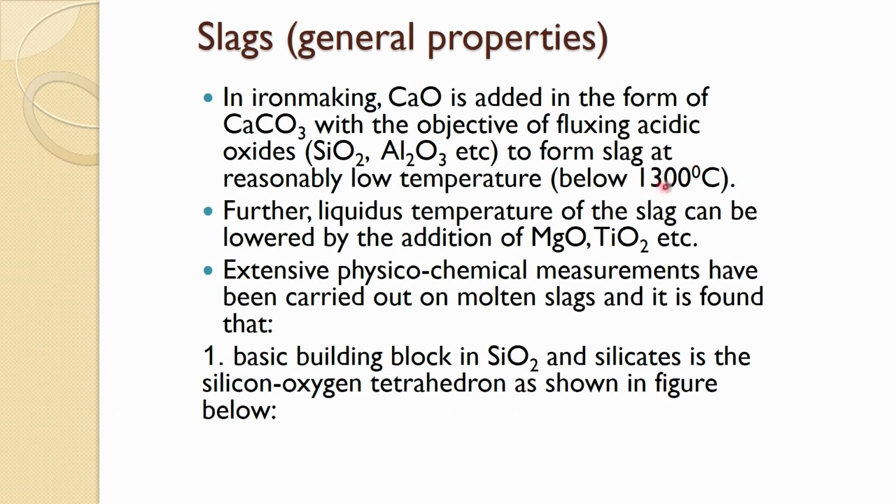Though this is still high, if you remember we discussed that if 4% carbon is present in pure iron, then the pure iron liquidus temperature reaches almost 1200 degrees Celsius.